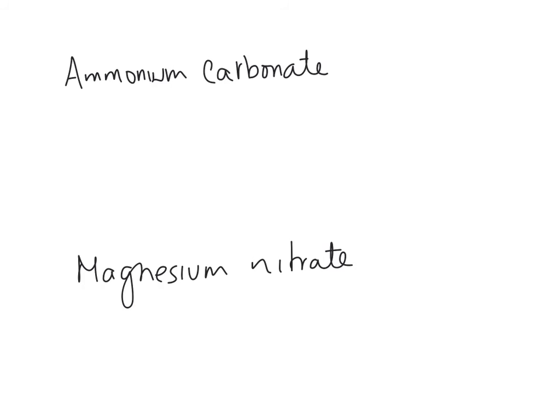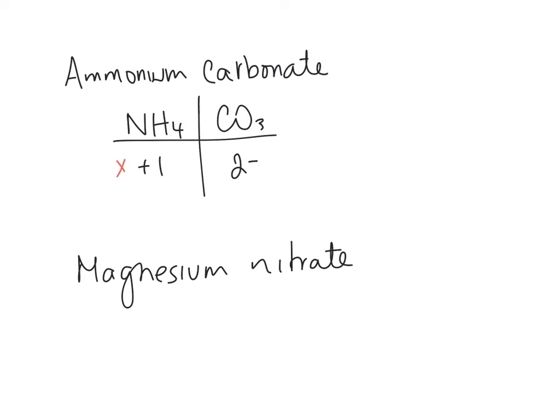Okay, ammonium carbonate. So ammonium is NH4. Carbonate is CO3. Now the charge on carbonate is -2. Ammonium is +1. These do not add up to 0. So you multiply ammonium by 2 to give you 2 plus. 2 plus and 2 negative add up to 0. So your multiplier becomes your subscript.